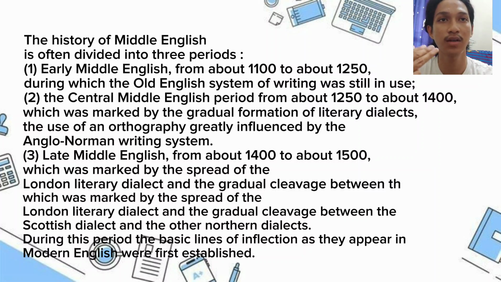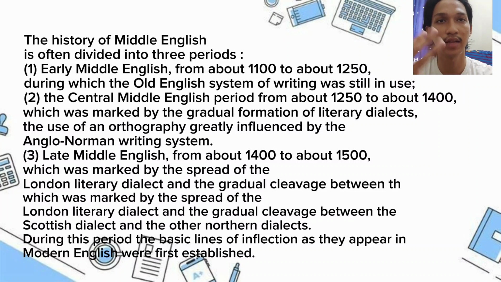which was marked by the gradual formation of literary dialects. The use of an orthography greatly influenced by the Anglo-Norman writing system.